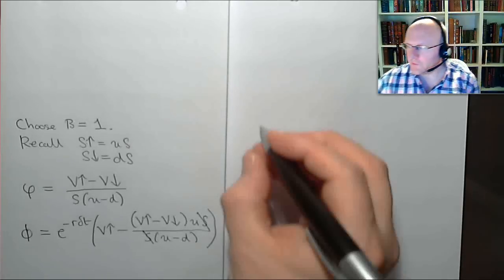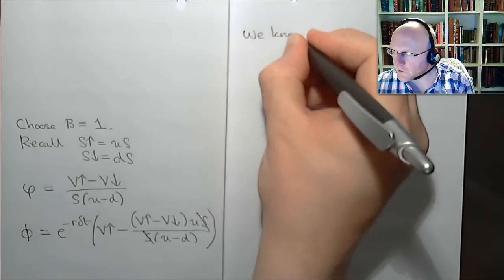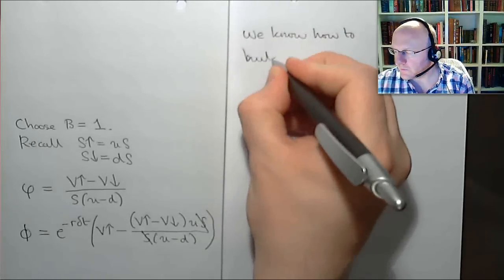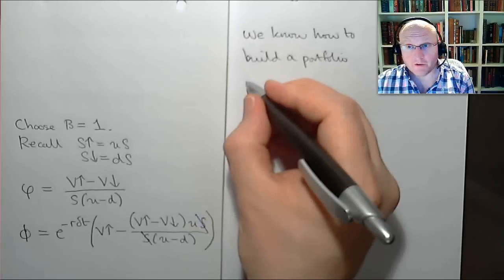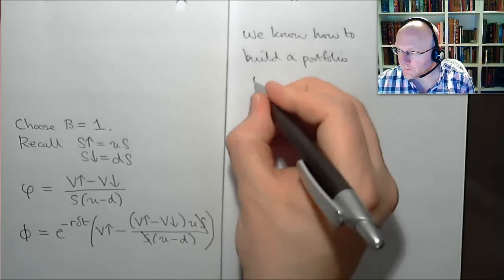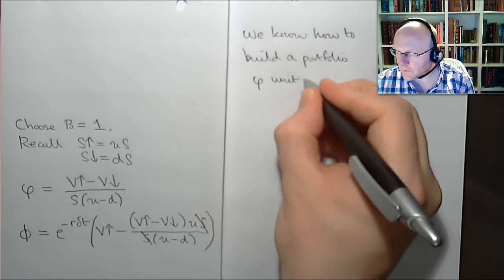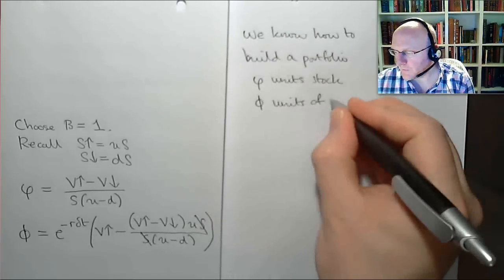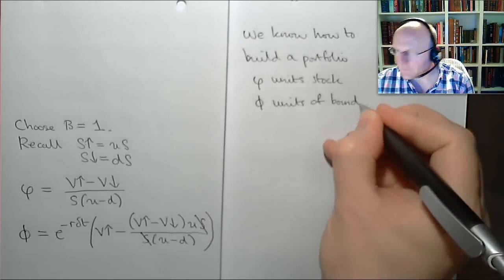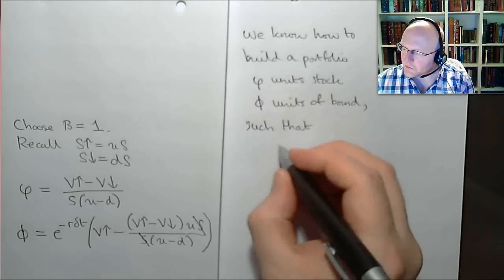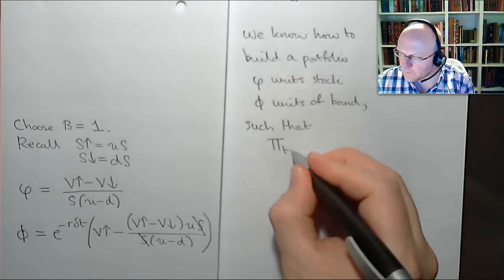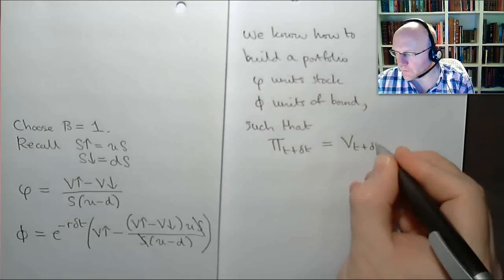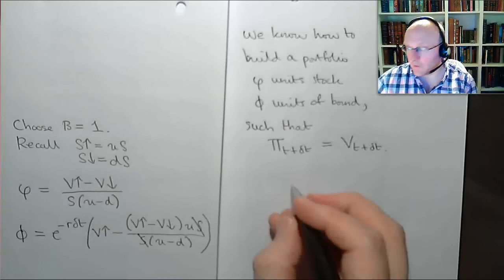Okay, so what have we achieved so far? We now know how to build a portfolio. So our portfolio consists of a certain number of units of the stock and another number of units of our riskless bond position, such that our future portfolio value is equal to our future option value in all of the possible scenarios.